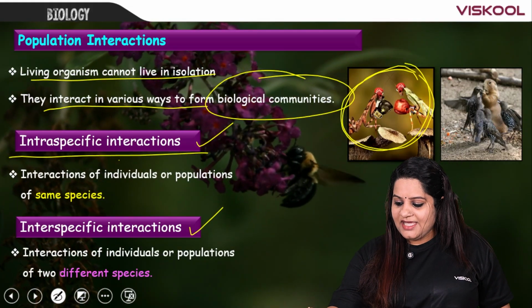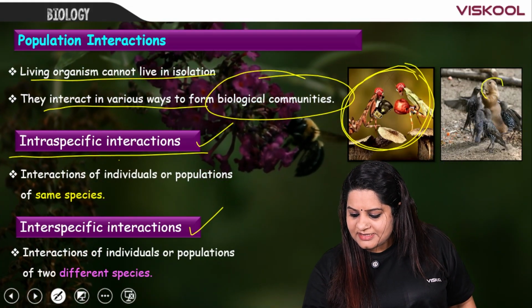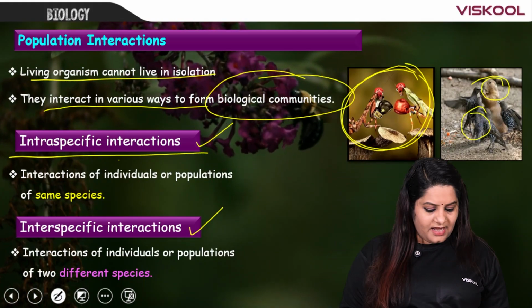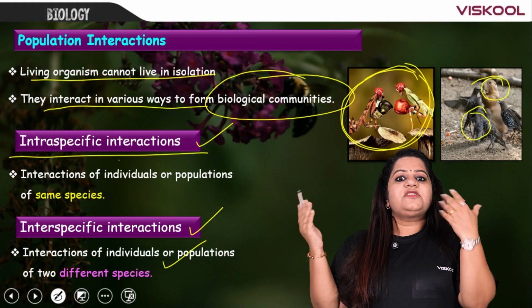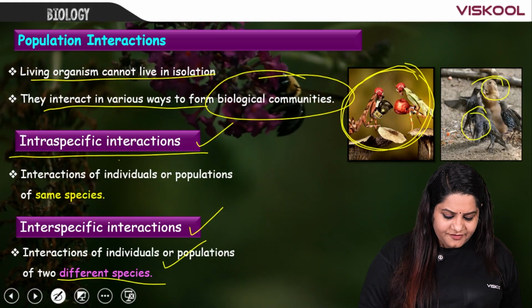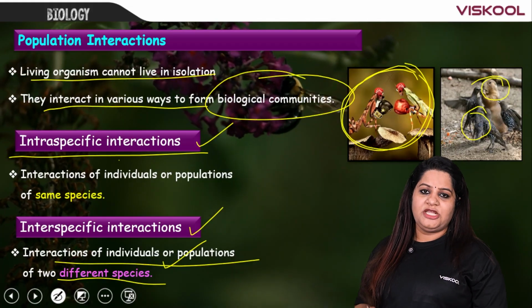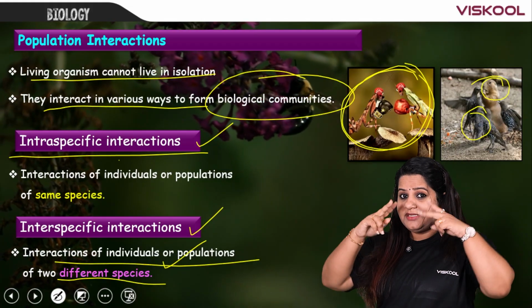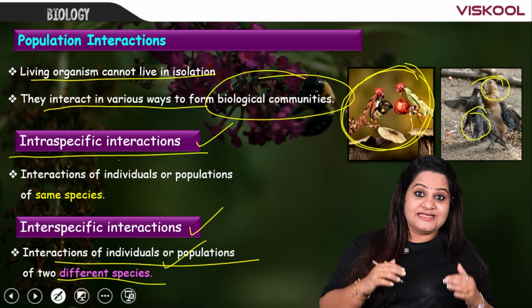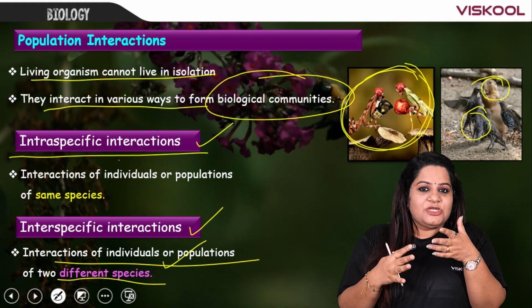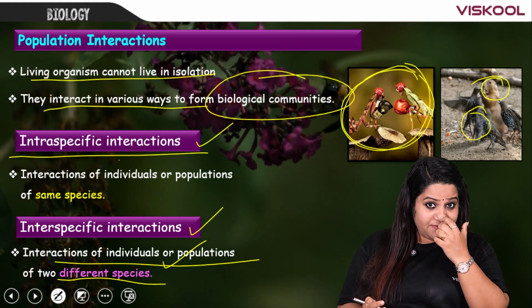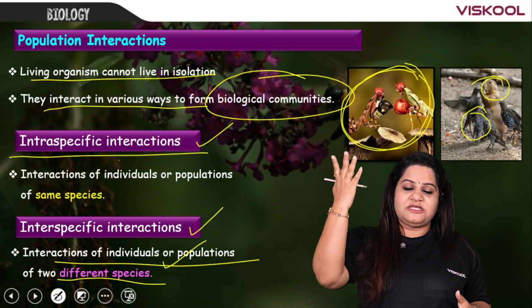And here you can see a squirrel and some birds, which are of different species. If interaction of individuals or populations takes place between two different species, then it is known as interspecific. Intra means within and inter means between.